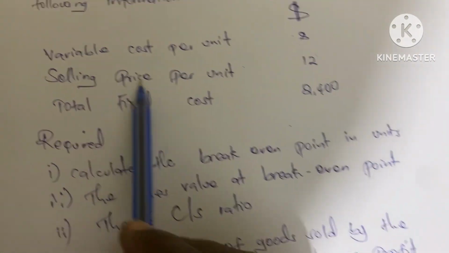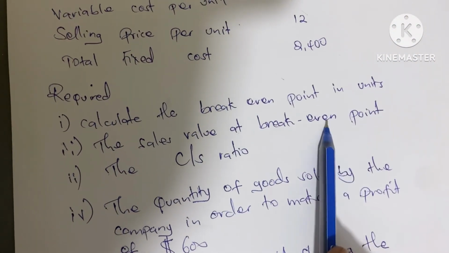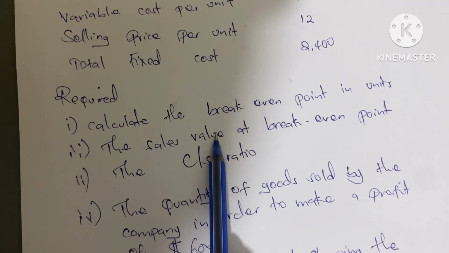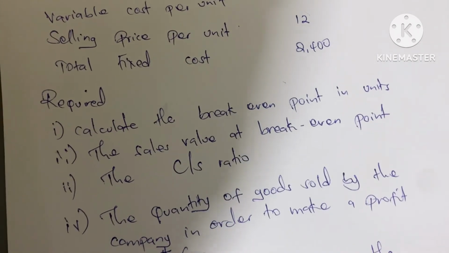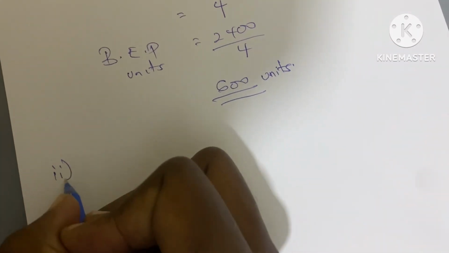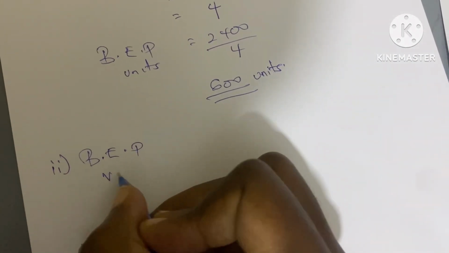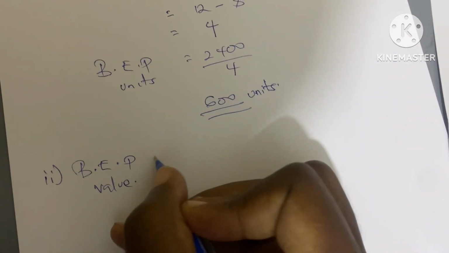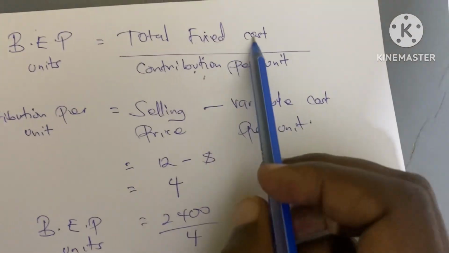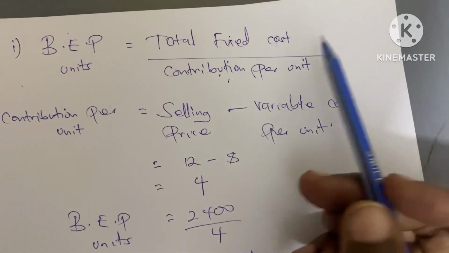Then Roman 2, they want us to calculate the sales value at break-even point. So they want the break-even point in terms of value. So Roman 2 is break-even point, but they want the value, not the units. So how do we get this? We just get this whole thing, this times the selling price.